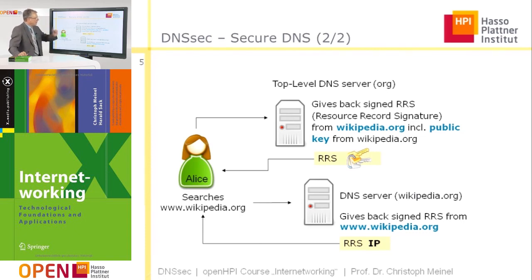From the other source, Alice got the public key, and by means of this public key, she can check the information she got from the DNS server. It was a signed name, and by means of the key, she can decrypt the signature and see that it is really the right domain name, Wikipedia, and she knows now that the information she got about the assignment of the domain name Wikipedia and the IP address is correct.